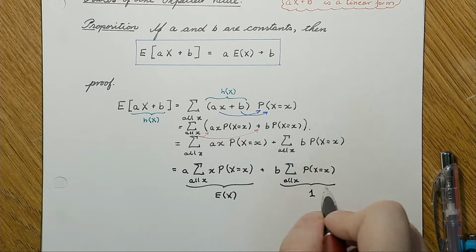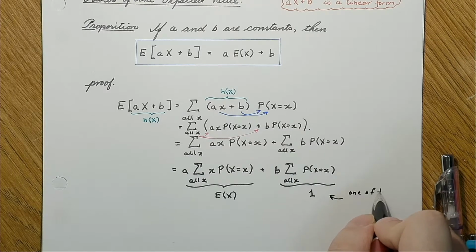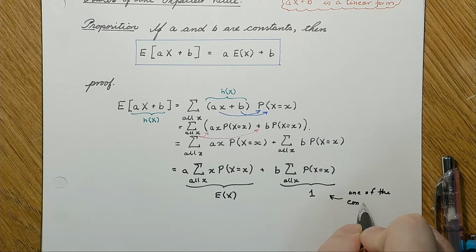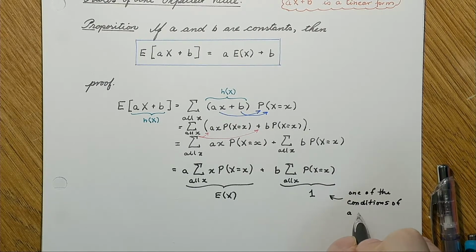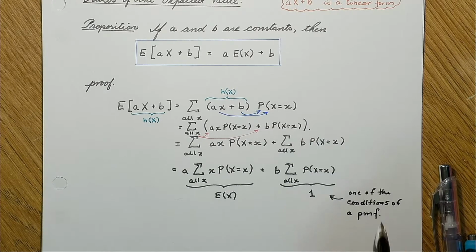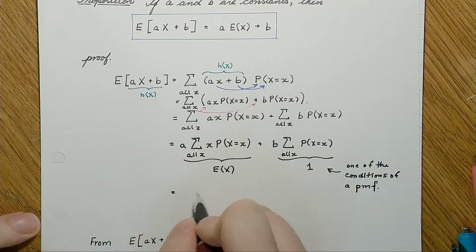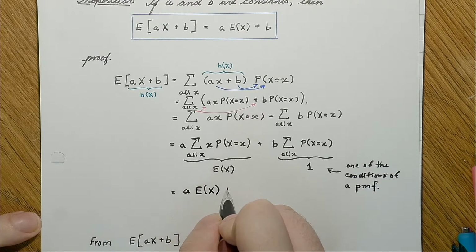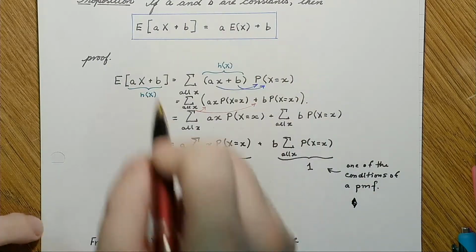You can think of that as one of the conditions of a PMF, that the sum of all the probabilities must give you 1. So again, just writing this out, a times the expected value plus b. And there we go. We've shown what we needed to do.